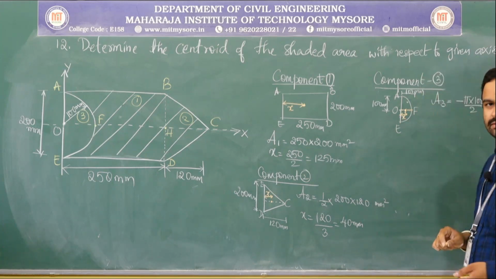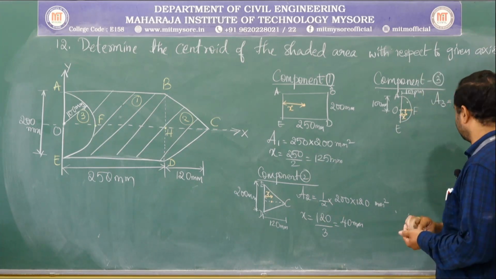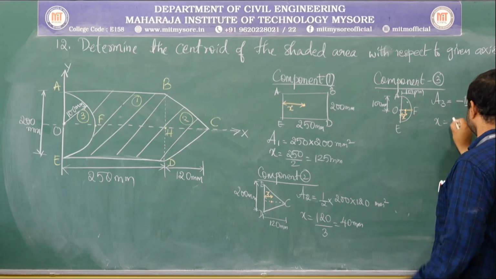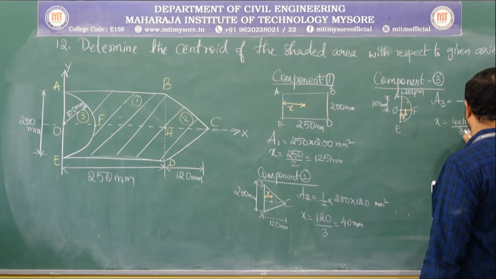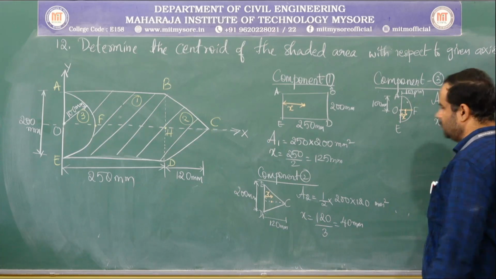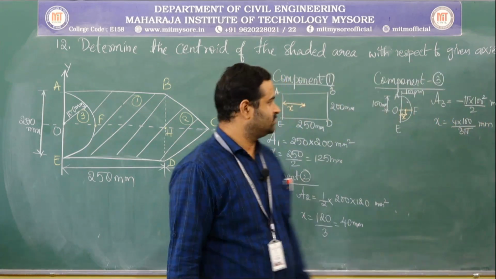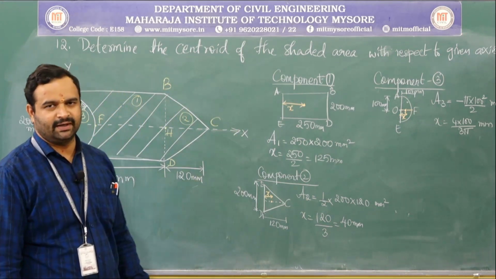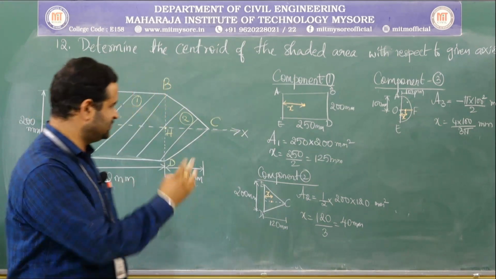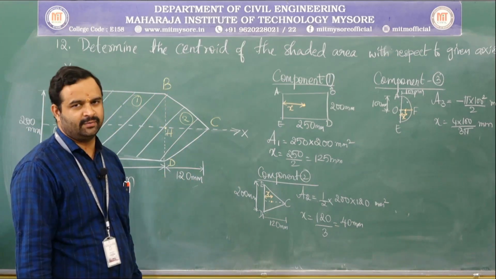X component is given as 4r by 3 pi. Area A3 should be written with a minus sign and x component is 4r by 3 pi. So, this is sufficient to write the table now.